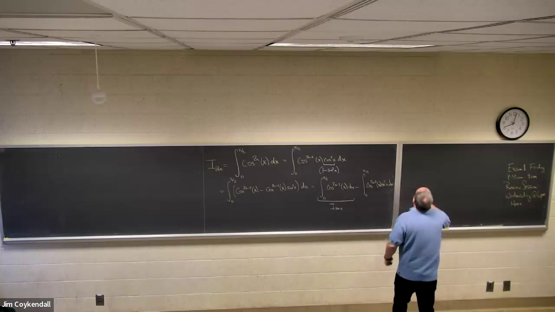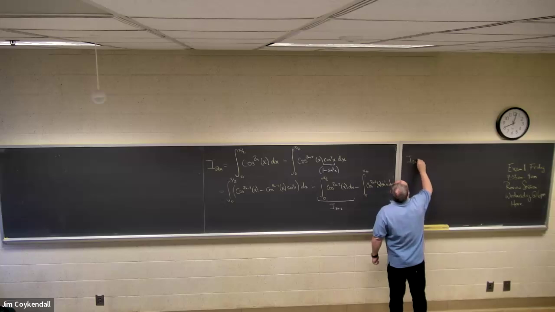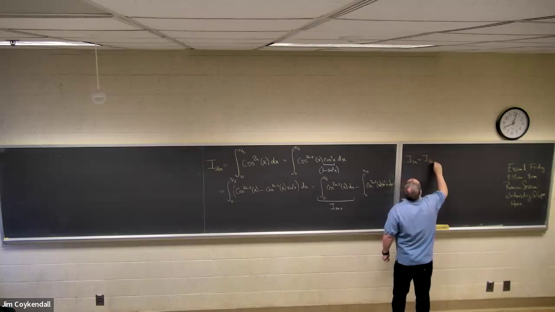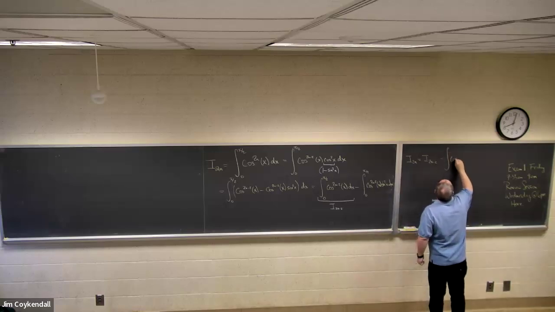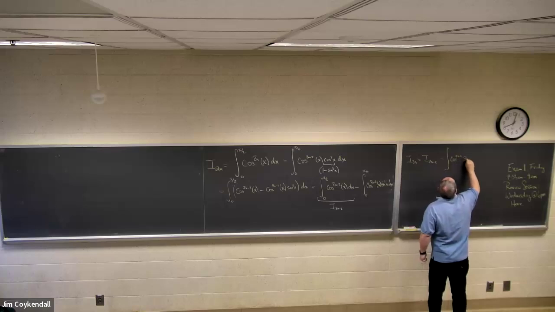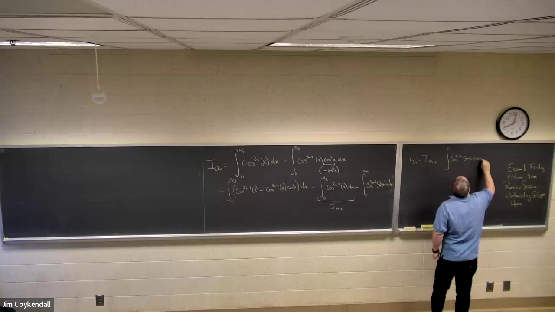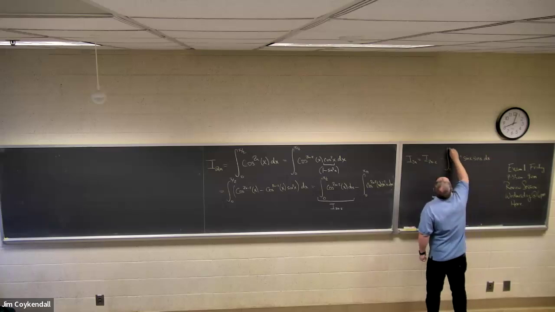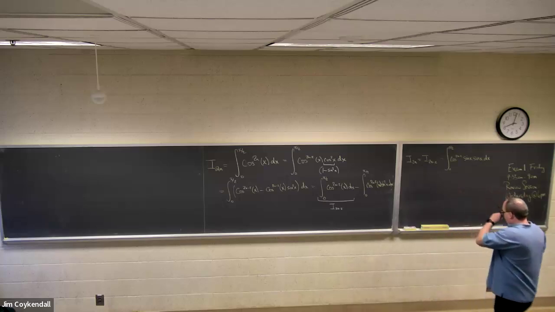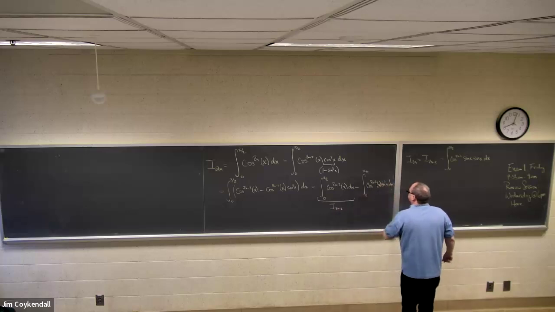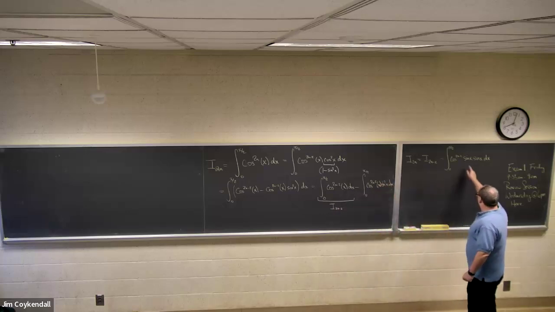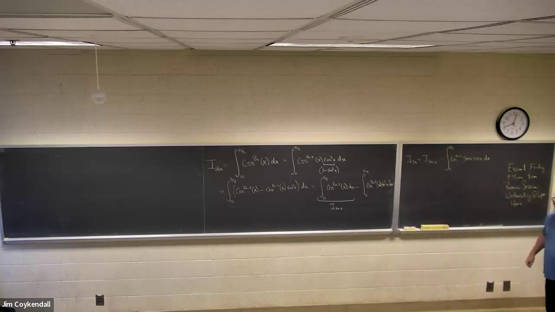So what I have now is I2n equals I2n minus 2 minus this mess right here, which, because of my dramatic flair, I've written out as cosine 2n minus 2 times sine x.